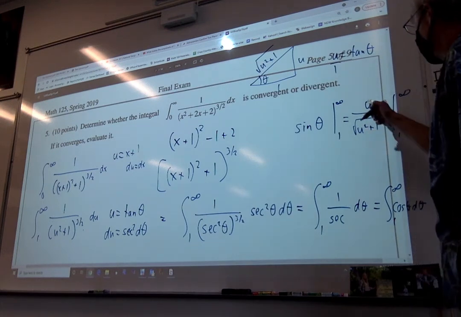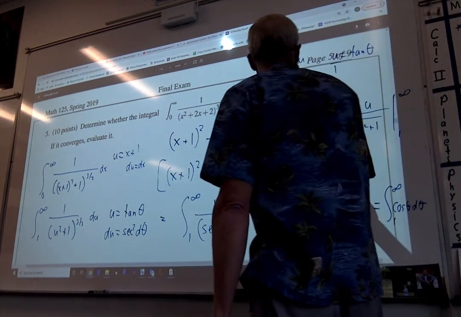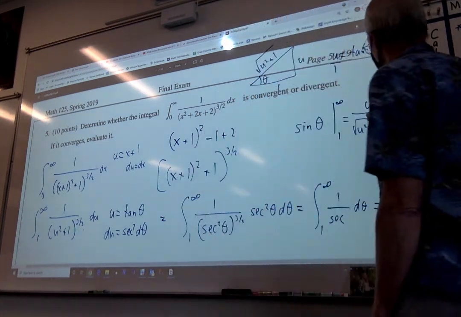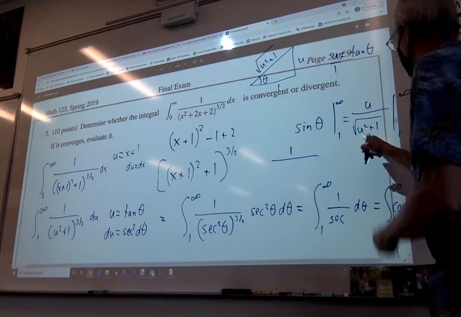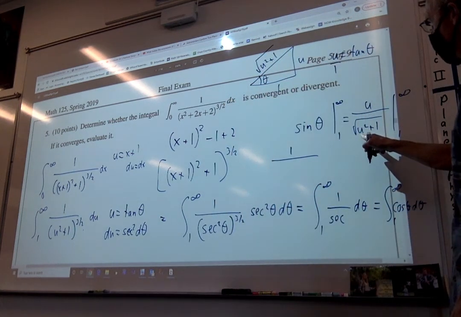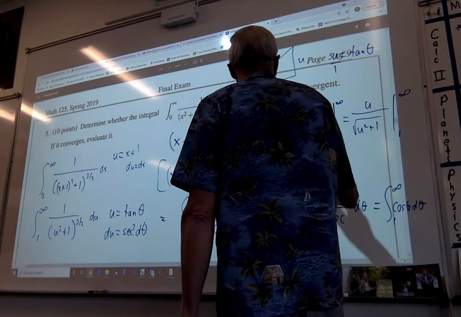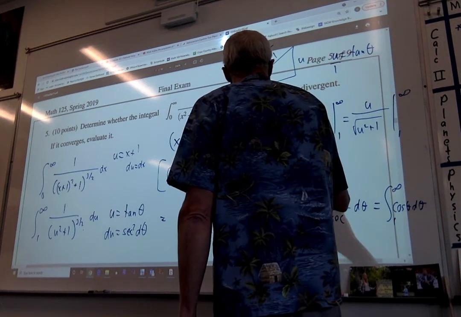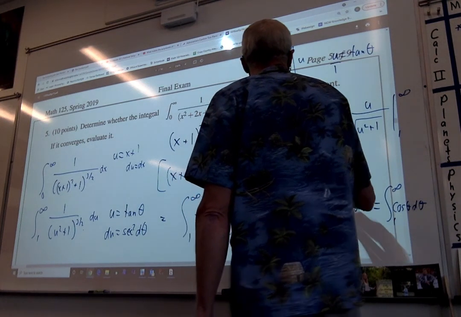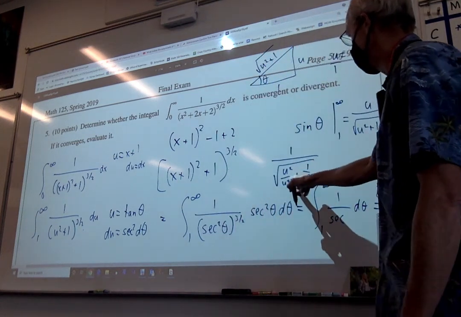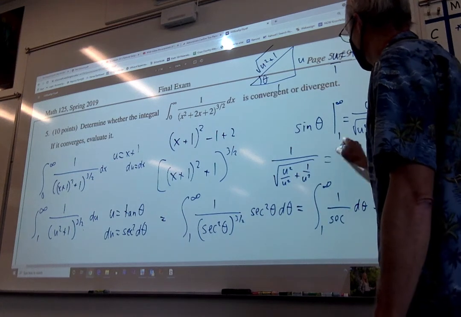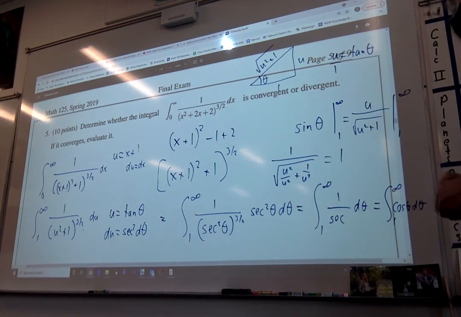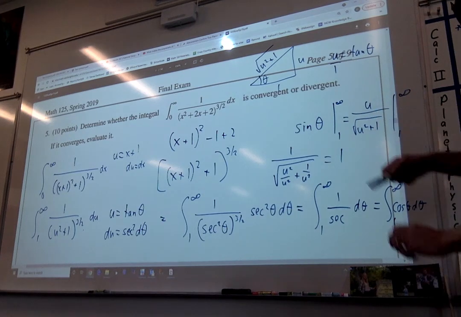You divide the top and the bottom by U. U divided by U is 1. Divide the bottom by U, you put the U inside, so it's U squared. So it's the square root of U squared over U squared plus 1 over U squared. That's 1. When U goes to infinity, 1 over U squared is 0, so it's 1 over 1, which equals 1.